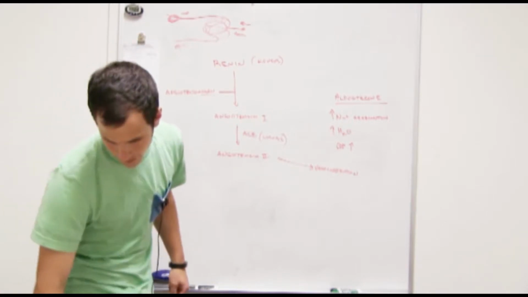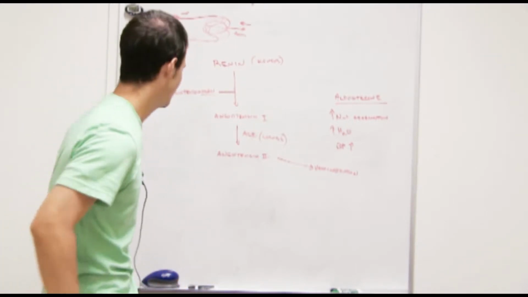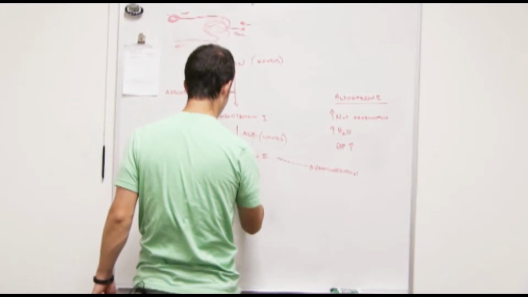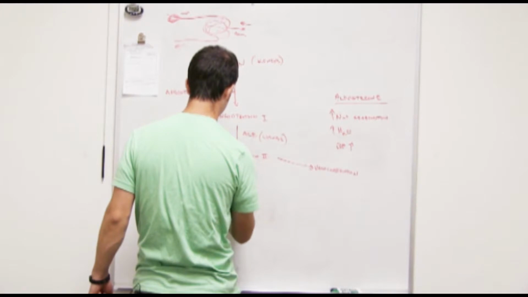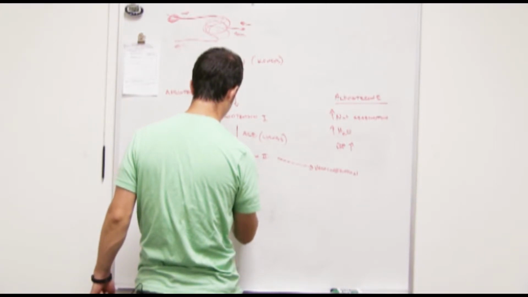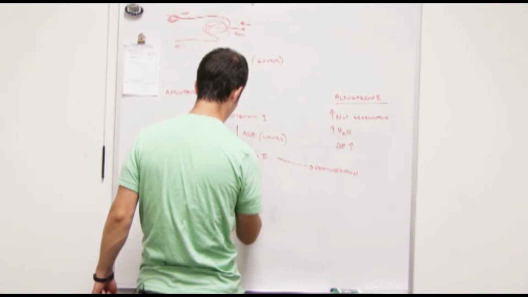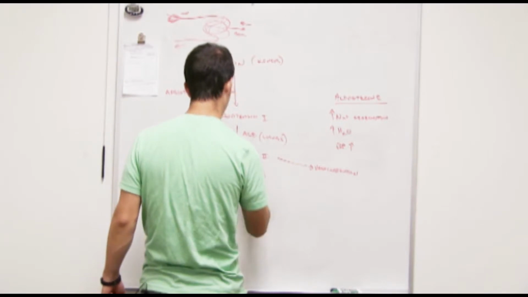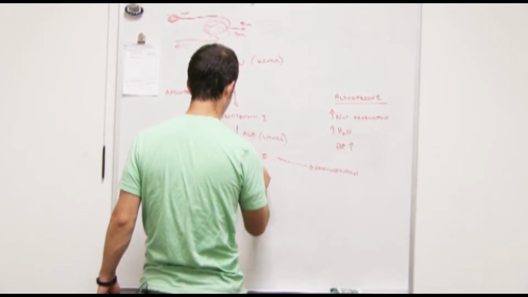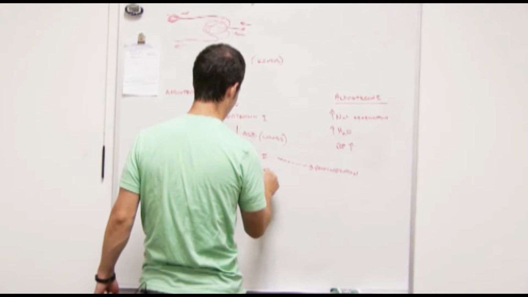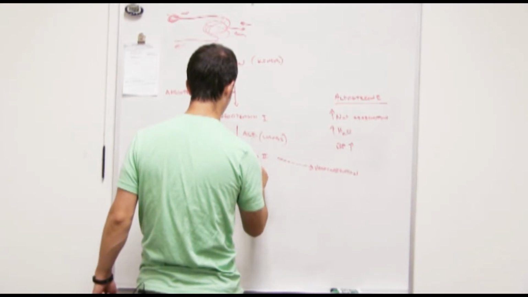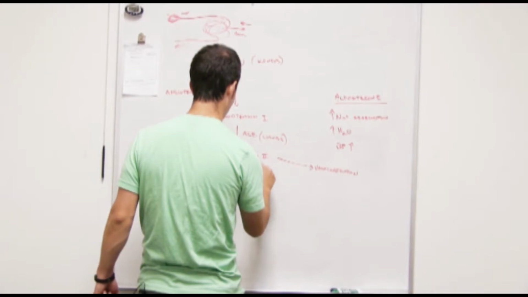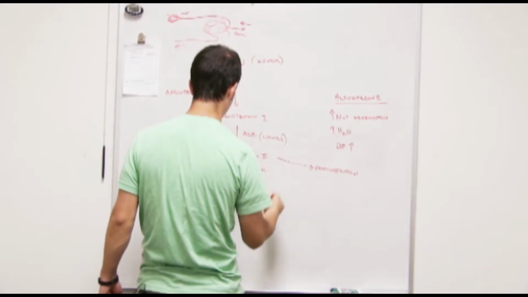Then angiotensin II goes to the kidneys, to the cortex, and produces aldosterone. Well, technically, it goes to the adrenal glands, which are not the kidneys, but they're on top of them.